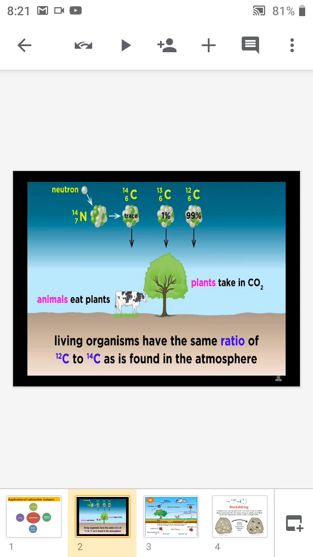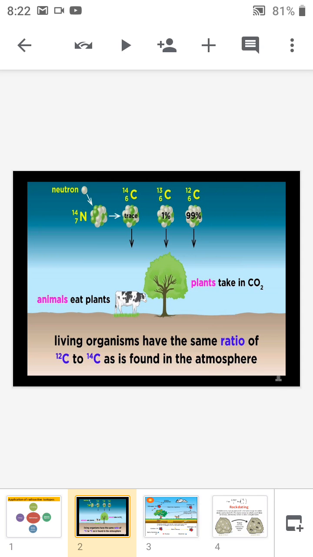So in the atmospheric carbon dioxide, only a trace amount of the radioactive carbon is present. This carbon dioxide is absorbed by the plants for photosynthesis, and during photosynthesis the plant forms carbohydrate, and this carbohydrate contains a trace amount of the radioactive C14.